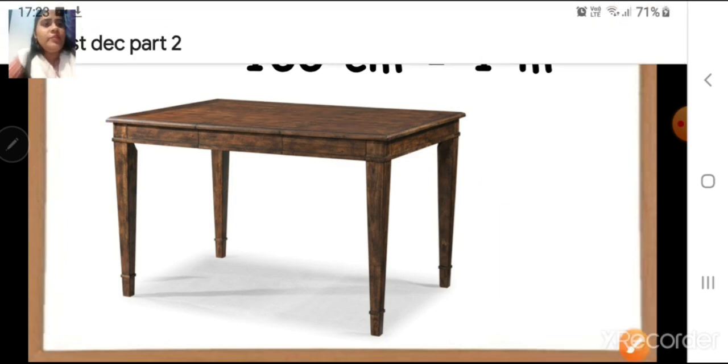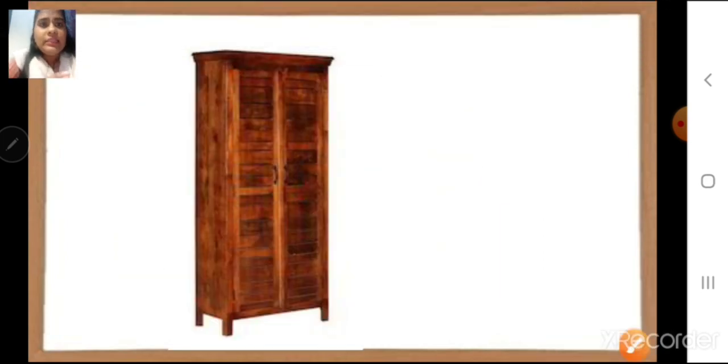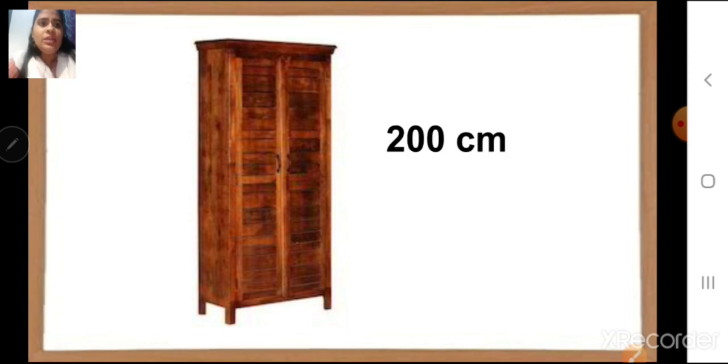Same way, look at the almirah, children. If I am going to measure the height of the almirah, for example, the height of the almirah is 200 centimeter. After measuring with a measuring tape, I got 200 centimeter.